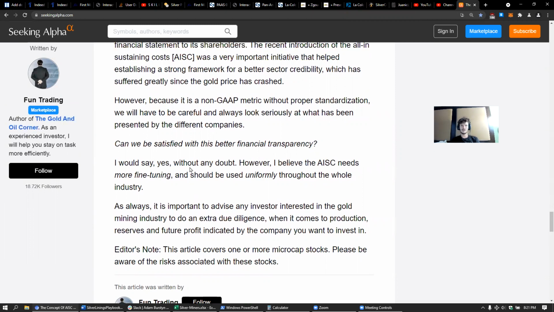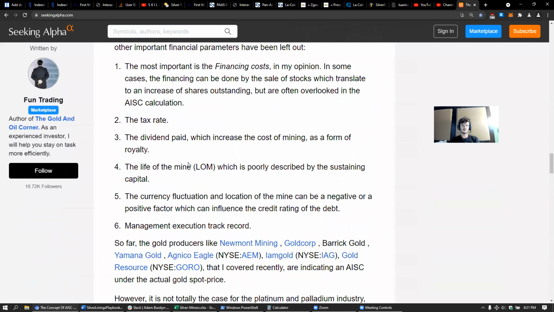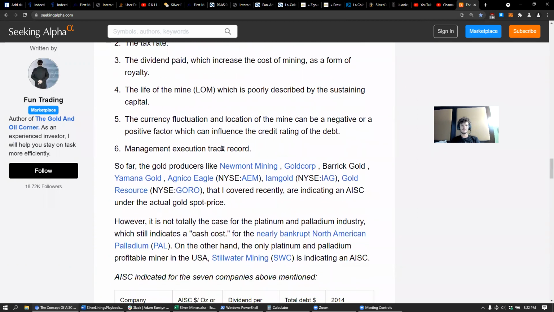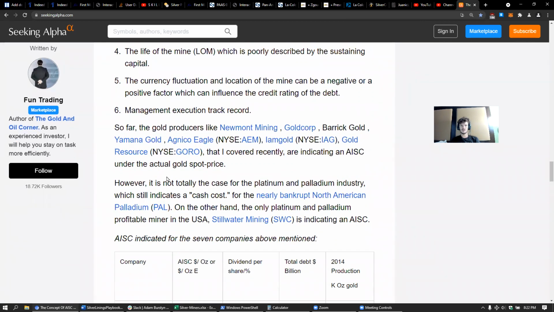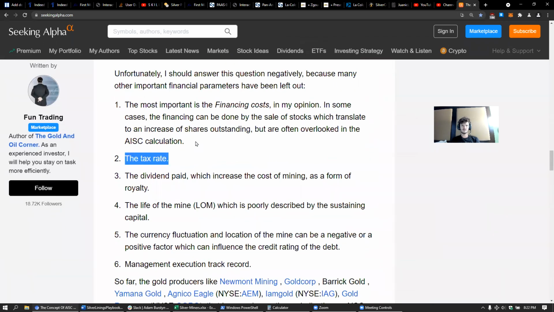And I think he laid out some good points to look at ways to improve it. So financing cost, tax rate, dividends, life of the mine, which maybe we could use net present value, the currency fluctuation and location of the mine, and the management execution track record. Hard to boil that down to a number, but arguably you could do some sort of tax rate.